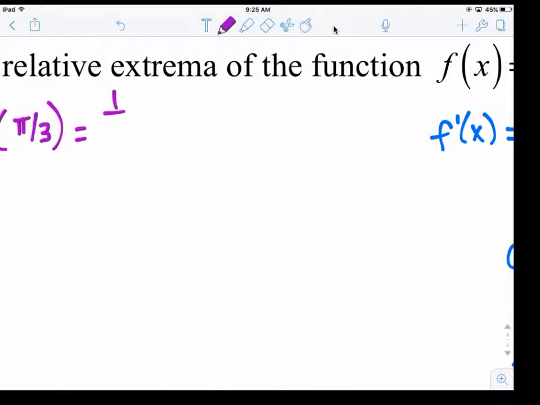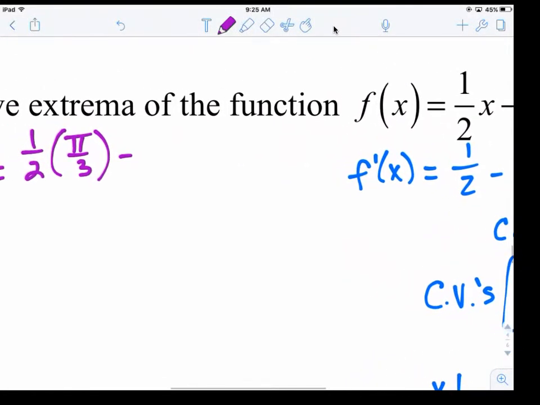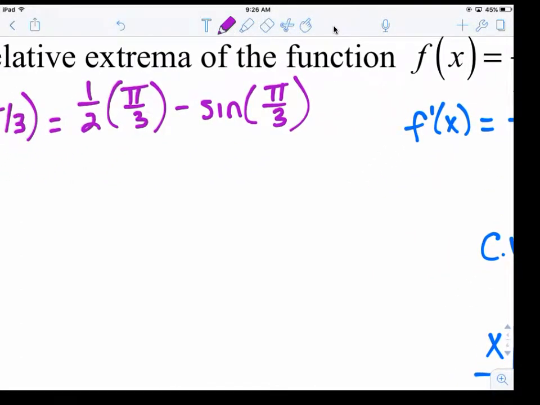So you have 1/2 times pi over 3 minus sine of pi over 3. All right, so 1/2 times pi over 3 would be pi over 6, right? Minus sine of pi over 3 would be what?